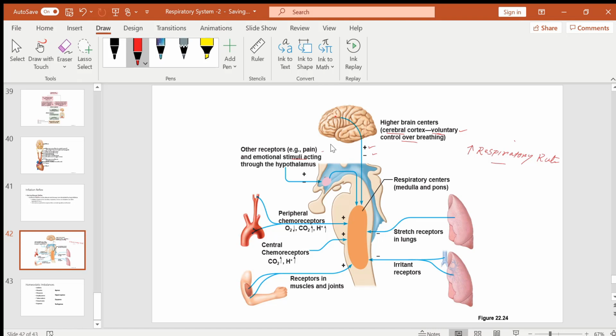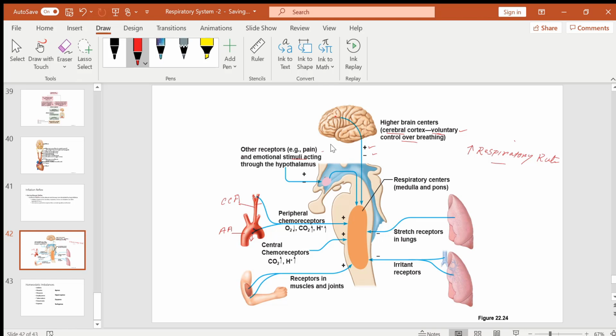Chemoreceptors. There are receptors in the wall of the aortic arch and the division of the carotid artery. So this is the common carotid artery and this is the aortic arch. In the wall, you have receptors called chemoreceptors. They are activated by carbon dioxide and oxygen.